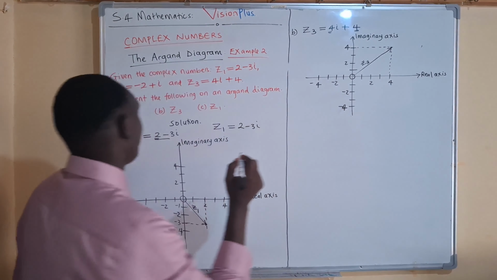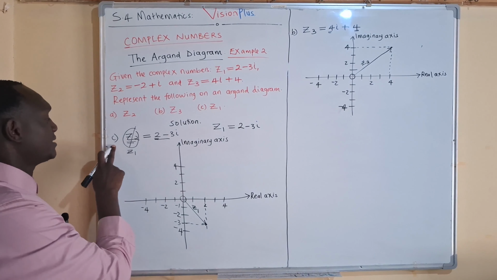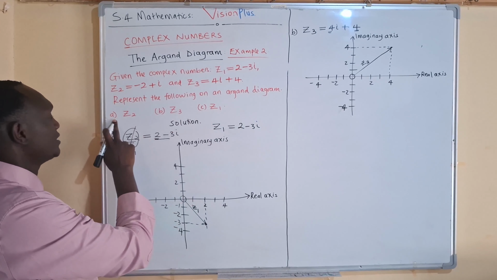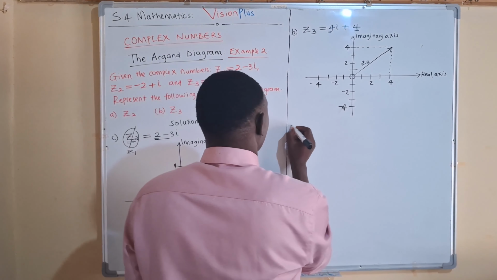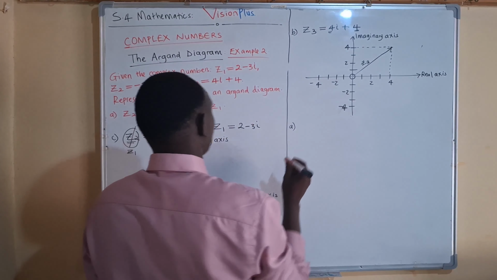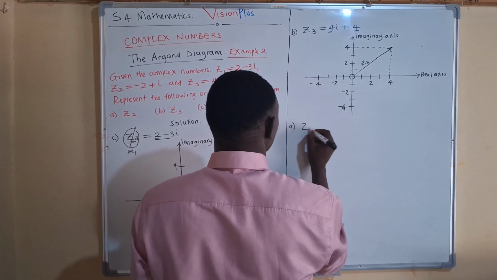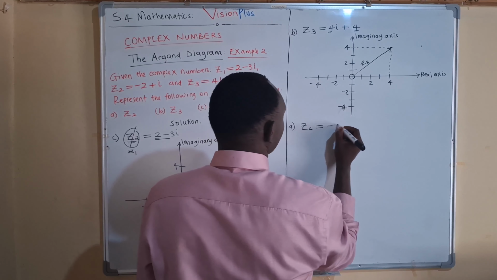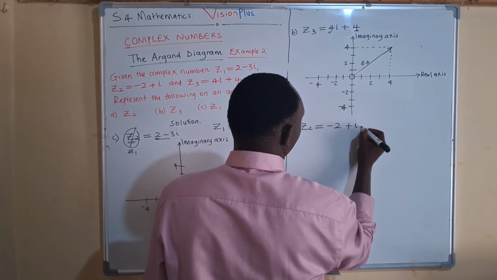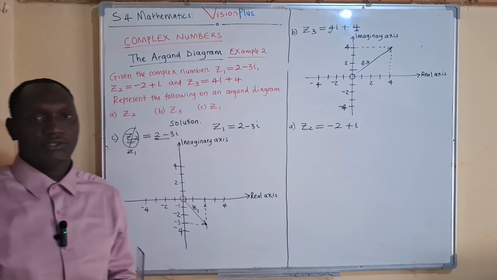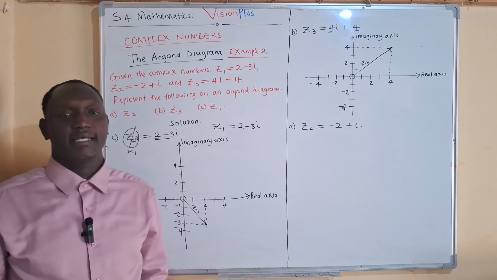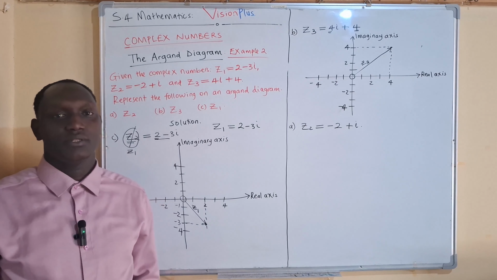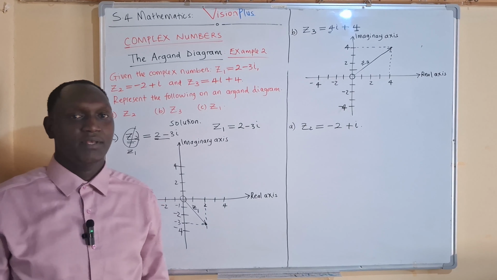Now going to part A. Remember we have done part C here already, which was Z1. Now we need to do Z2, which is now part A. So part A says that we are finding Z2, and for which Z2 is negative 2 plus I. The good thing with examinations these days is that students are encouraged to do the numbers that they know first, and then they do the ones that require thinking and time later on.